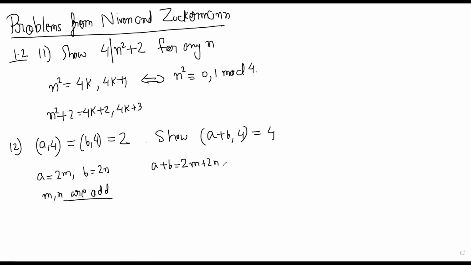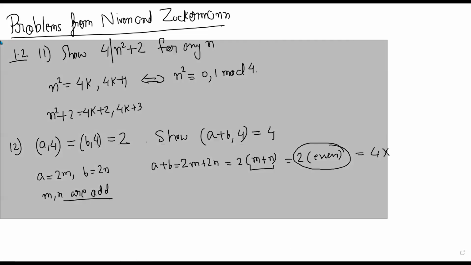Good. And so this is at least 4, I mean, at least a multiple of 4. Maybe higher powers of 2 are also possible. We cannot say, but at least 4. So these are easy questions, but one should do them to get comfortable with these notions. All right, good. Let's move on.